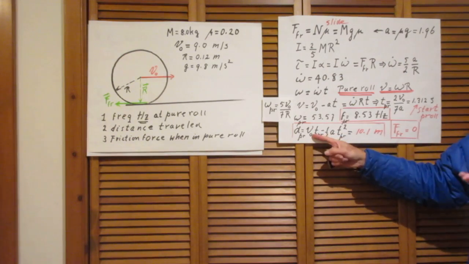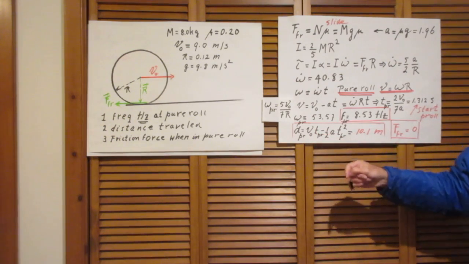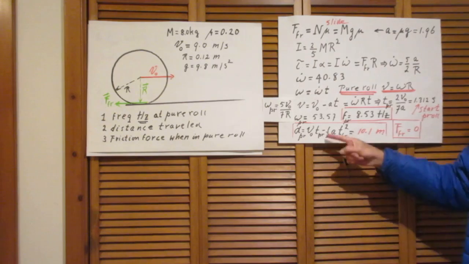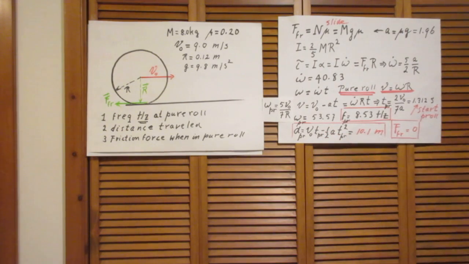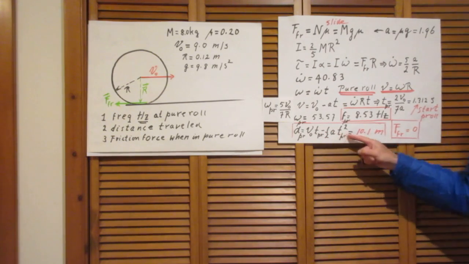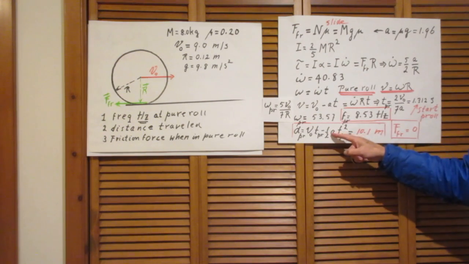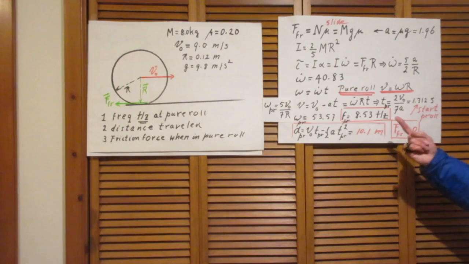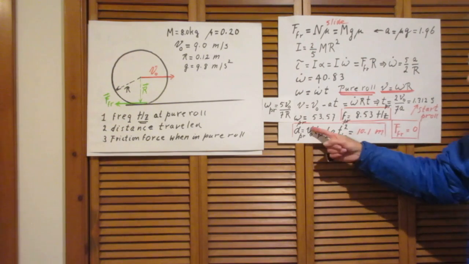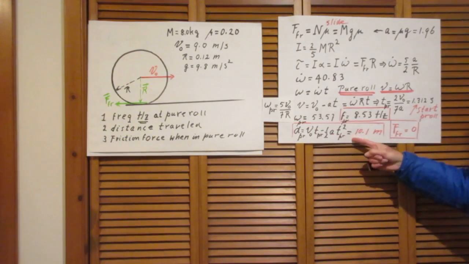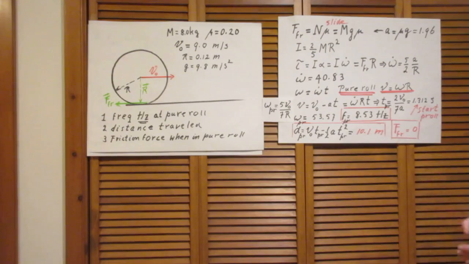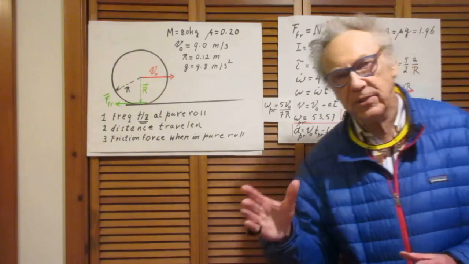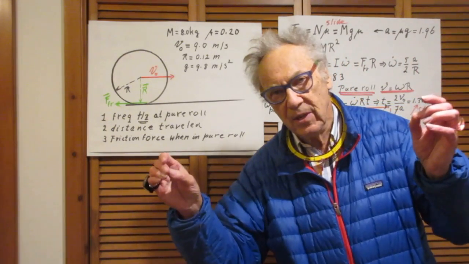V0, that is the speed at time 0, which is my 9 meters per second, times t, when it reaches pure roll, minus 1/2 a t squared. And this a is that a. And so, since you know t, since you know V0, since you know a, you find that it has moved 10.1 meters, and then it reaches pure roll.